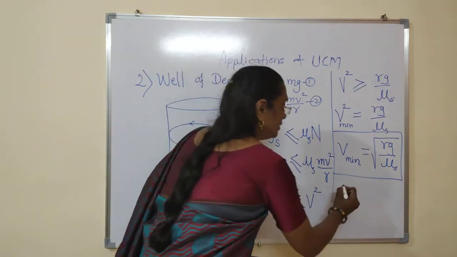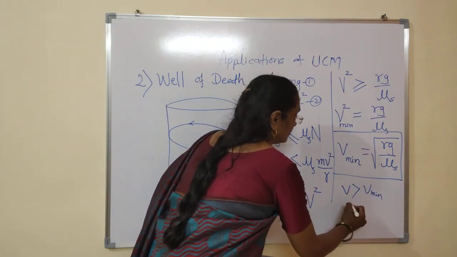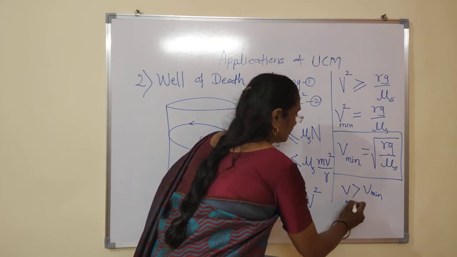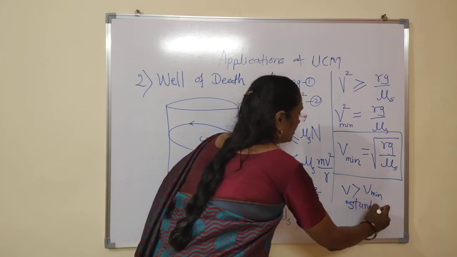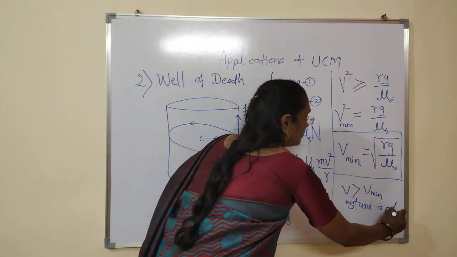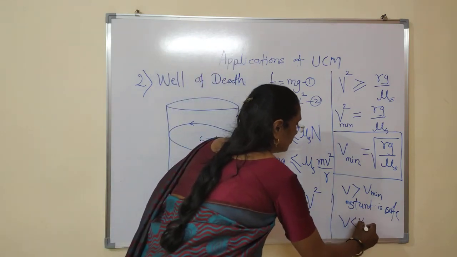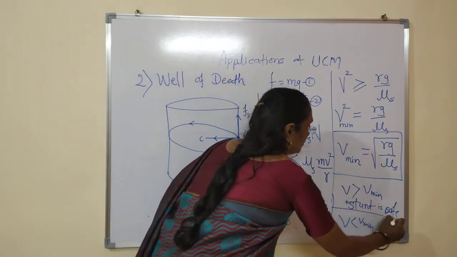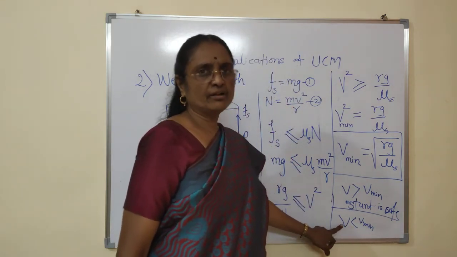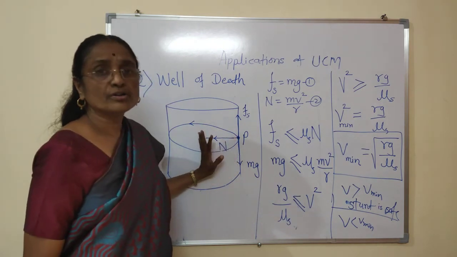So if v is greater than v minimum, then the system is safe, the stunt is safe. But if v is less than v minimum, if a very small velocity is taken by the motorcyclist, then it will not be safe.